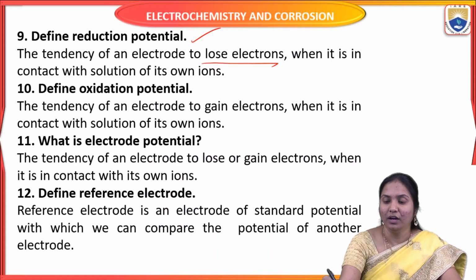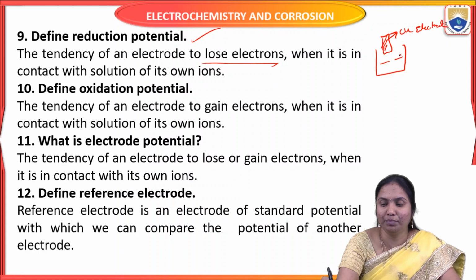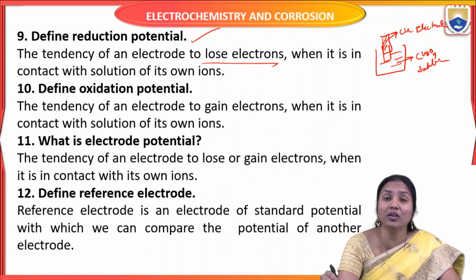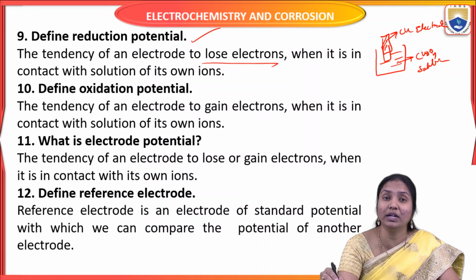For example, a copper electrode dipped in copper sulfate solution. This is the copper electrode dipped in this copper sulfate solution. The natural tendency of an electrode is observed when it is dipped in the same salt of the electrolyte solution, meaning copper ions are present in that electrolyte solution.